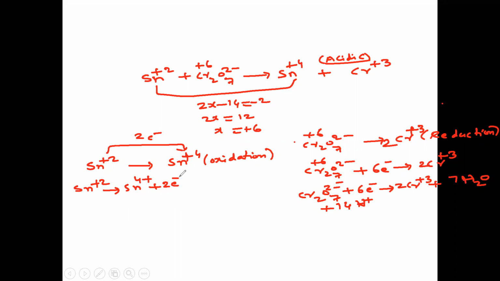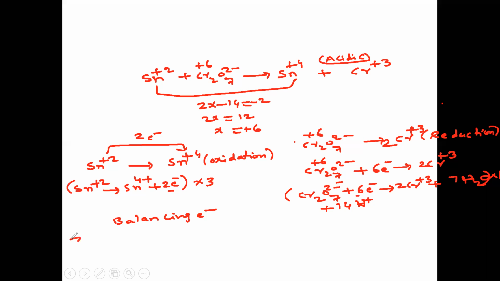In the final equation, I have to balance the electrons. So how to balance? Here it is 2 electrons and here it is 6 electrons. So the common factor: you have to multiply this with 3 and this with 1, because this is greater.